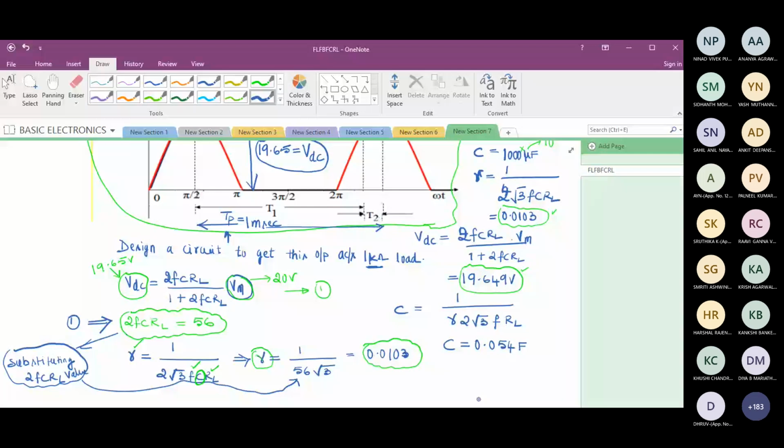Others are not responding. Tarun, Abhay, Avani, Siddharth.